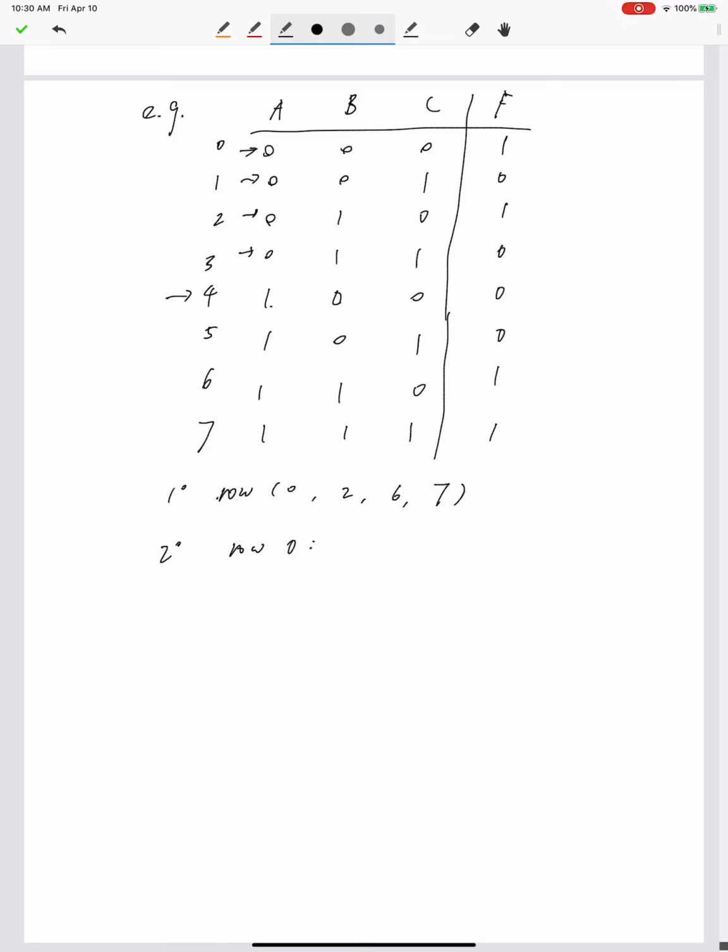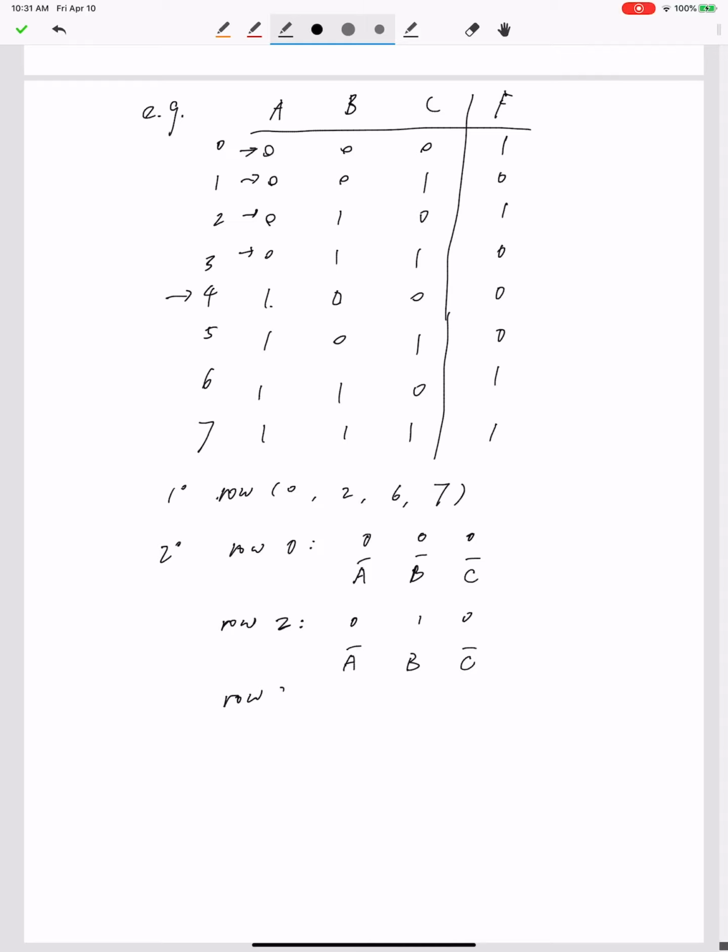For row 0, we have 0, 0, 0 as the input combination. So the corresponding logic product is A bar, B bar, and C bar, right? Row number 2, we have 0, 1, 0, so the corresponding logic product is A bar, B, and C bar.